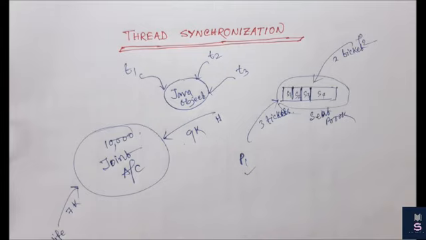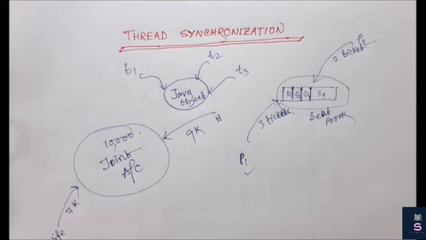If a thread is going to access one particular object at a time, there is no problem. But if multiple threads are going to access the same resource, then there is a problem of data inconsistency. So to overcome this problem, we will go for synchronization, so we will go for the synchronized keyword.